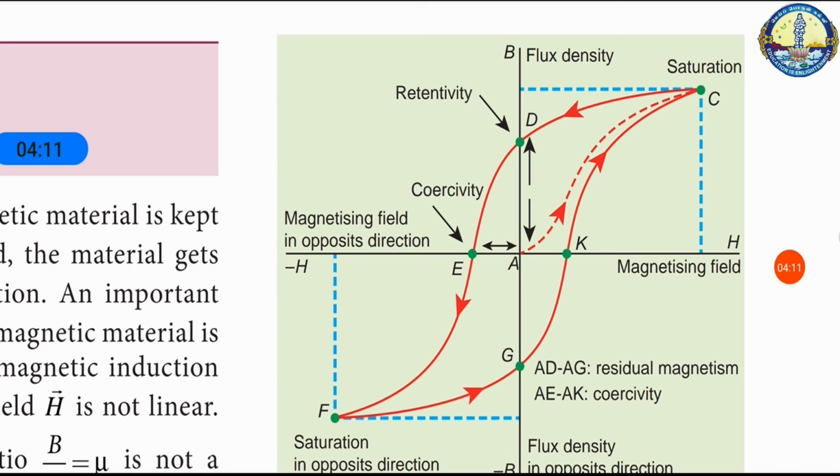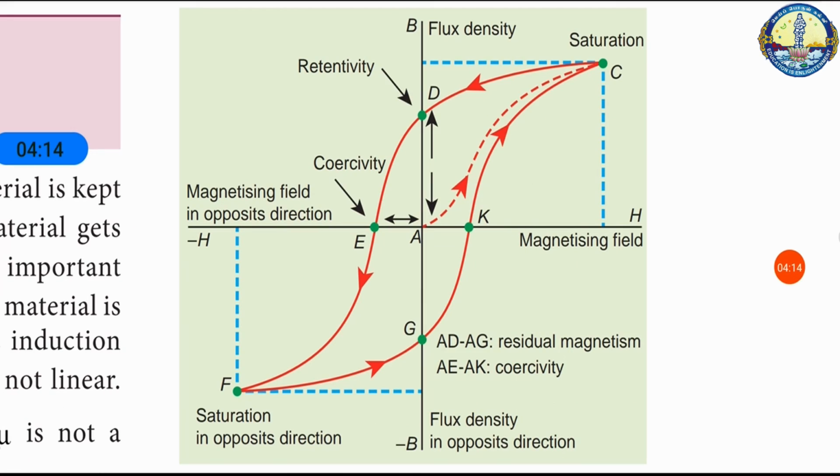Thus, the loss of energy for a complete cycle is delta E, denoted as the closed curve integral of H dB. This is the loss of energy for a complete cycle, where B is in weber per meter squared and H is in ampere per meter. The loss in energy is measured in joules.